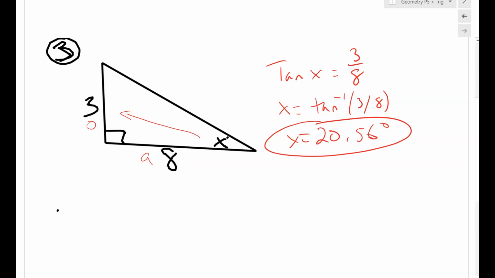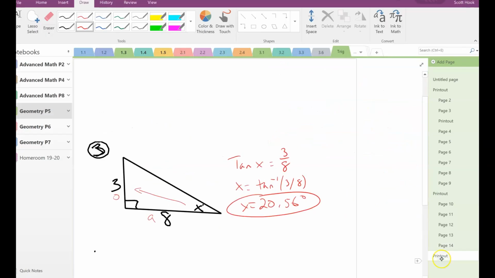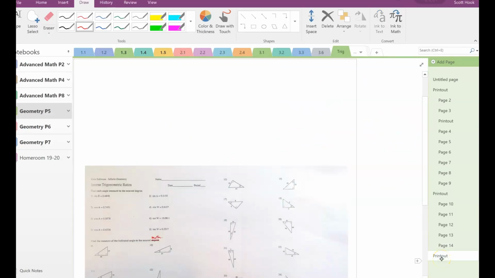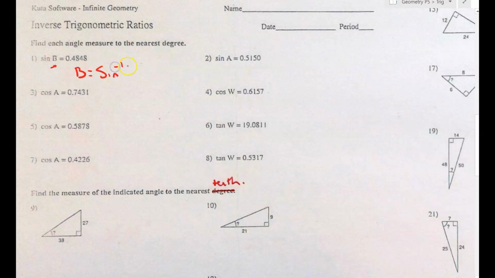All right. So for this one, I am giving you a worksheet to try, plus the answers, so you can check to see how you did. I do want to do a couple of the examples so you understand what we're doing here. So for the first 8 here, we want to find the angle measure. We want to find the B. And again, to do that, we're typing this in our calculator.